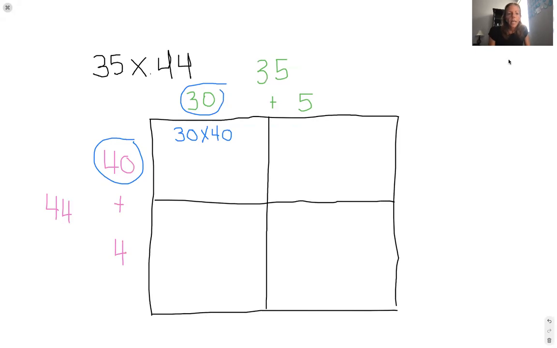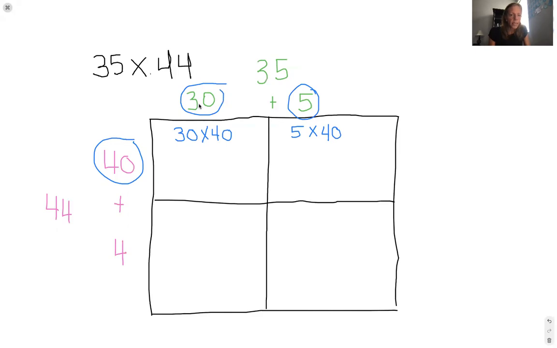Okay. In the next box, we're going to still use this 40, but we're now going to multiply 5 times the 40. Because that's our number on top now, not 30, but 5. And 40 is still our number that's on the left.